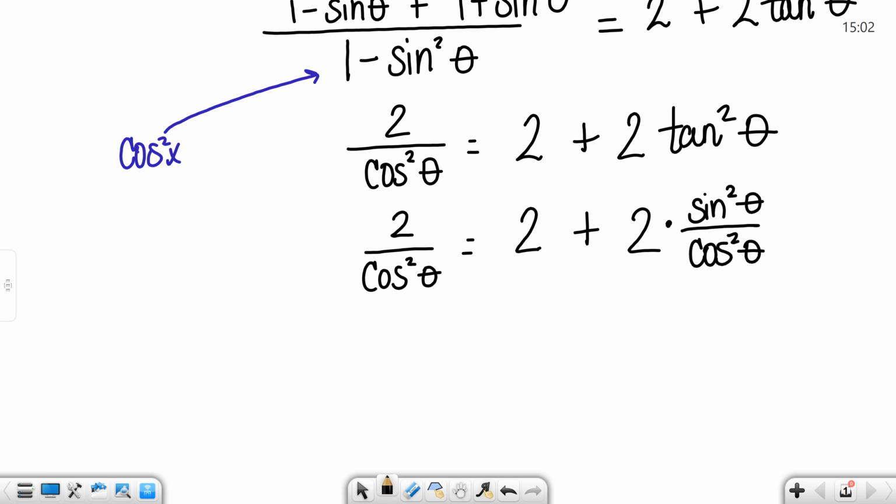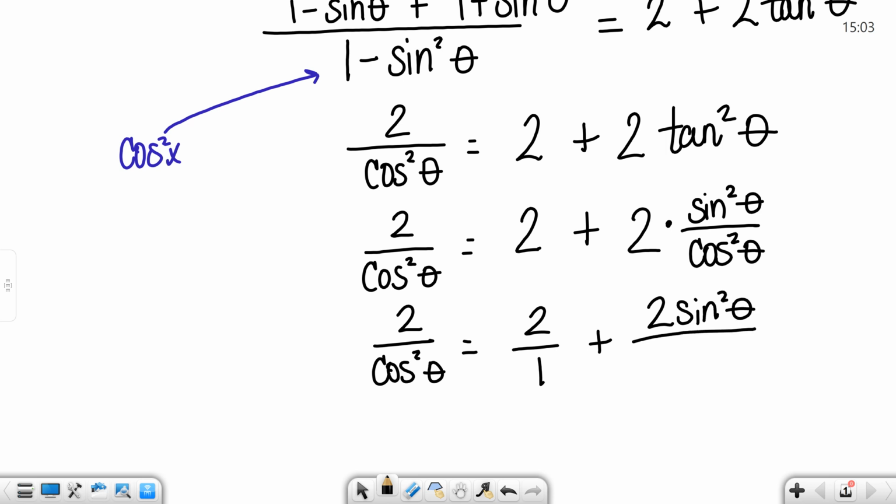That's one of our quotient identities. Okay, that's awesome. So, remember this left-hand side, I'm just going to leave it alone now, just working on the right. So I have a 2 over 1 plus 2 sine squared theta over cosine squared theta. I just multiplied 2 over 1 times sine squared over cosine squared.